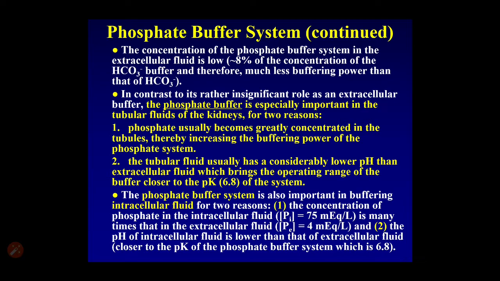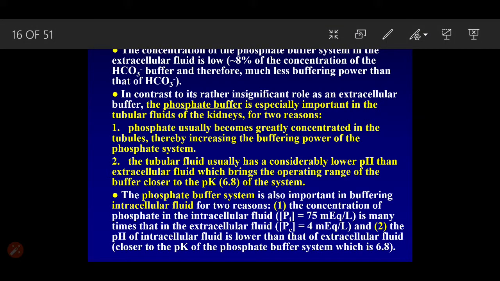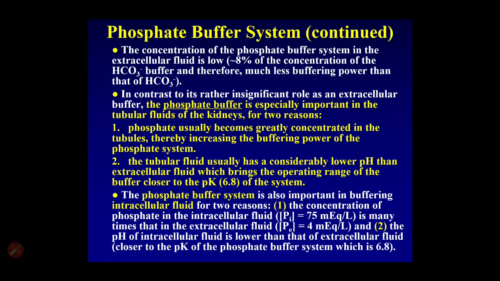The operating range for this phosphate buffer is a pK of 6.8, which is less than 7.4. So this buffer becomes more effective in the tubular fluid, which is kind of acidic, with a pH that is closer to the dissociation constant of the phosphate buffer.